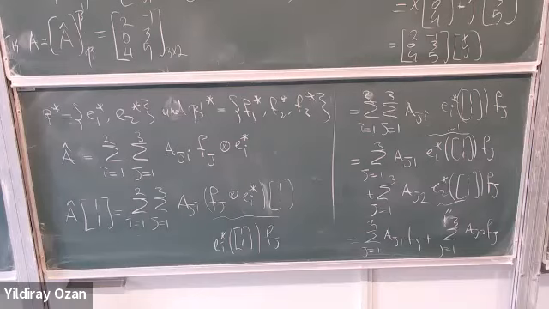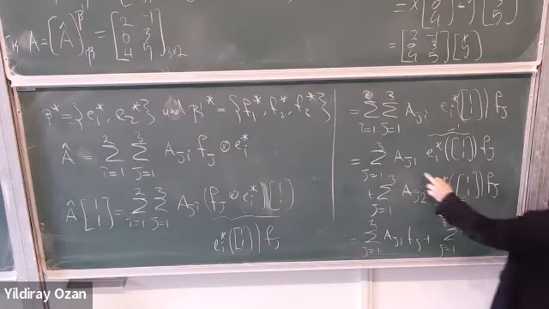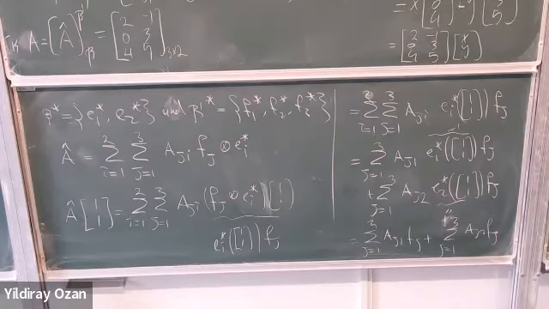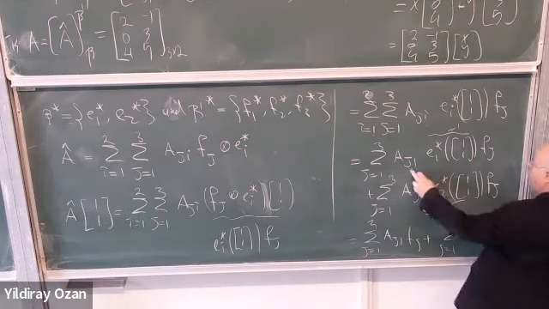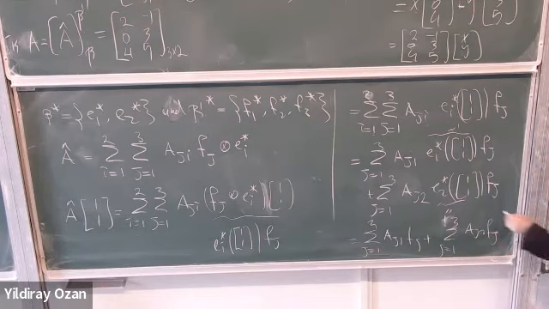Yani a_11 F1, a_21 F2, right, and a_31 F3, right, j from 1 up to 3, and then plus the same thing, a_12 F1, a_22 F2, plus a_32 F3.